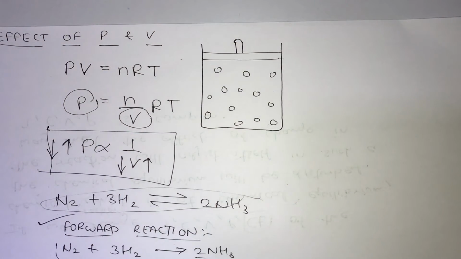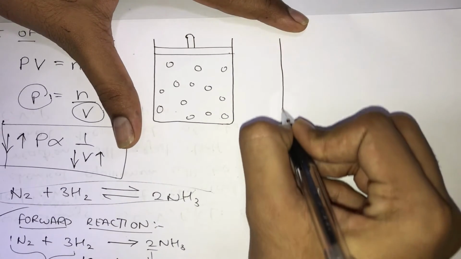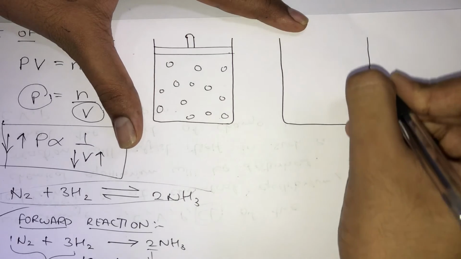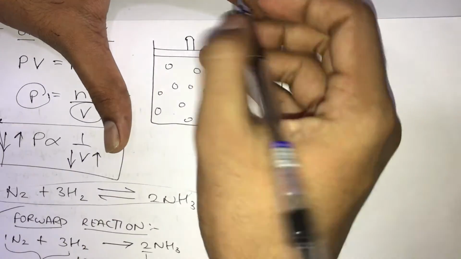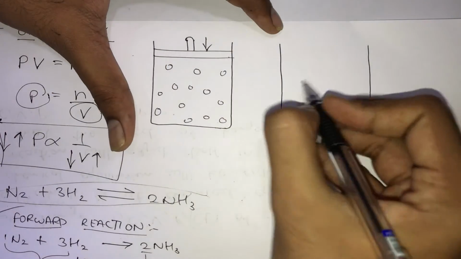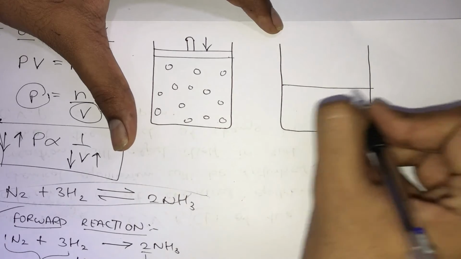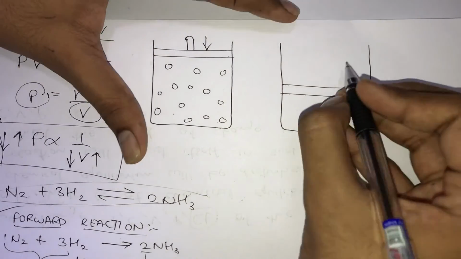Then what I am going to do is that I am going to now increase the pressure. I'm going to increase this pressure on the piston. Now when I increase the pressure on the piston, it is obvious that I am going to push it downwards.